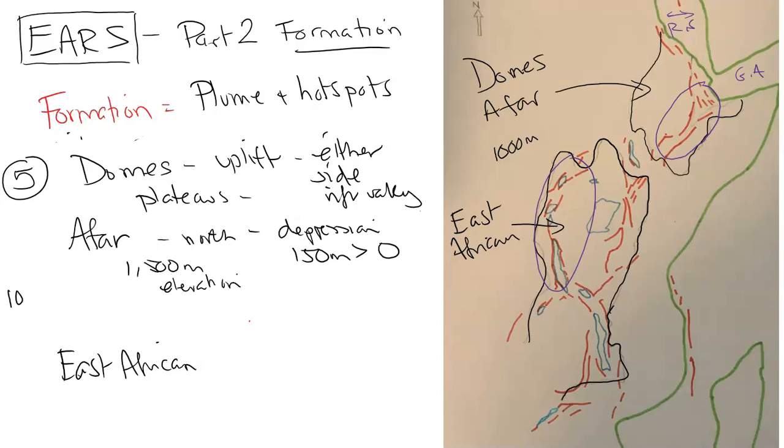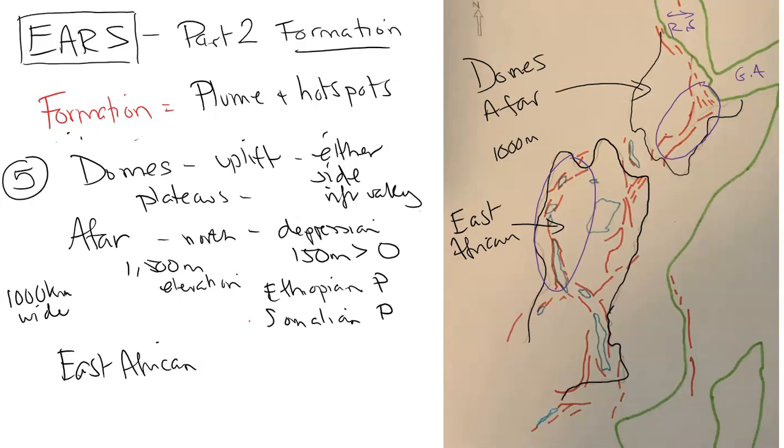They're both over 1,000 kilometers wide, both domes. The Afar Dome includes the Ethiopian Plateau and the Somalian Plateau, as well as the Afar Depression.